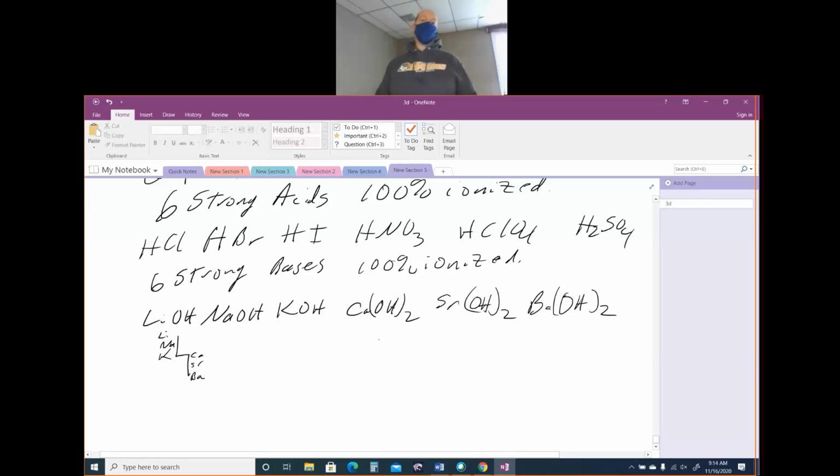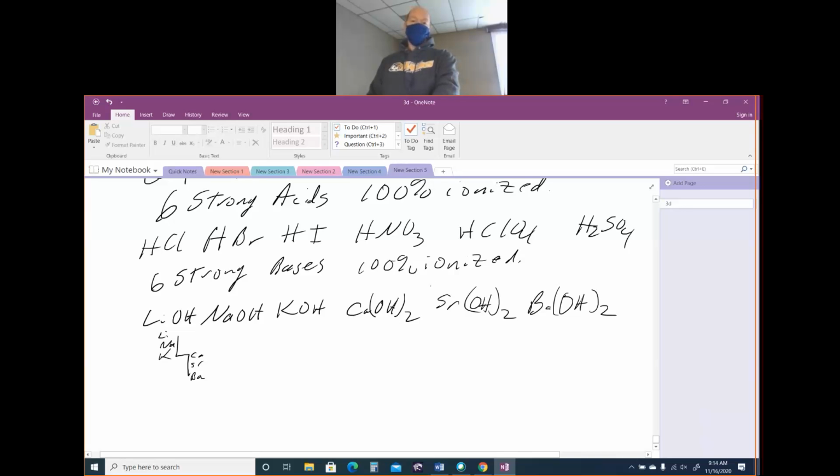The ones in the first column are +1. They have 1 OH on them. The ones in the second column are +2. They have 2 OHs on them. And note, hydroxides, none of them are binary, and all of them end in IDE. Lithium hydroxide, sodium hydroxide, any hydroxide is not going to be binary, but is going to end in IDE.